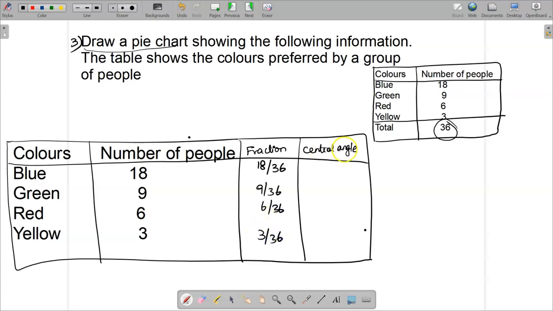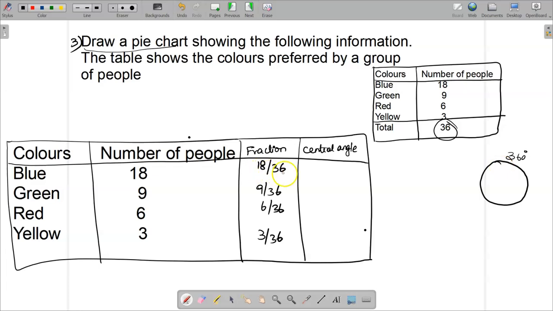And then the central angle we have to determine in order to draw the pie chart. A pie chart is drawn with a circle, which is 360 degrees. Out of 360 degrees, we are going to find out how much angle each color will occupy.